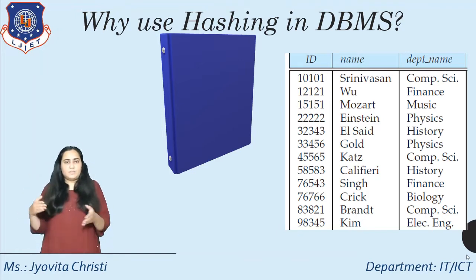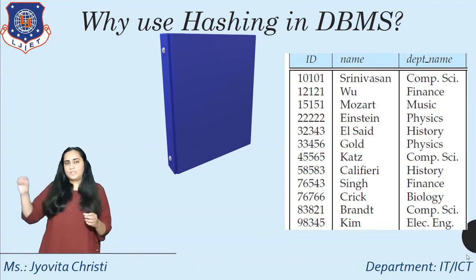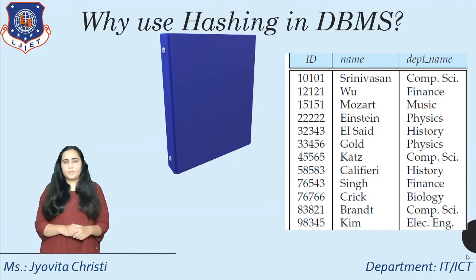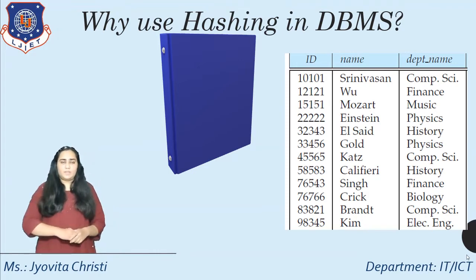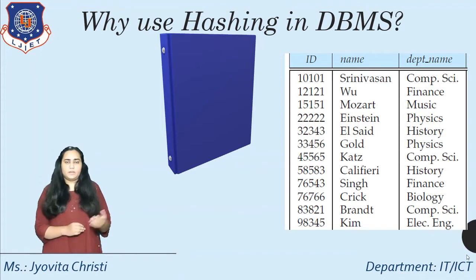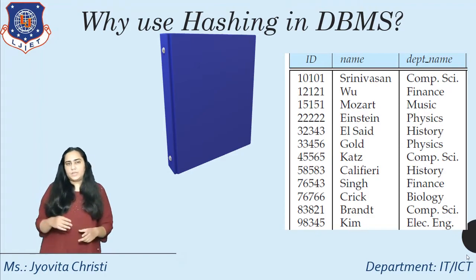So there's an address in the index also, and then you visit that address in the index and find the address in the hard drive and fetch the data. That's how hashing makes things faster, and when I explain an example of that, you will understand it better. So let's move on to the example.